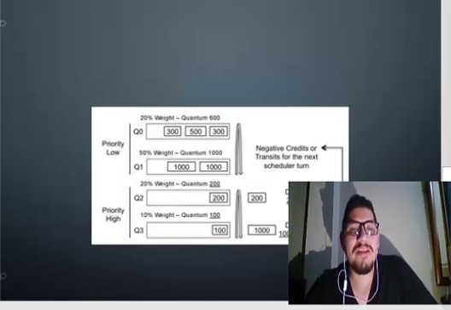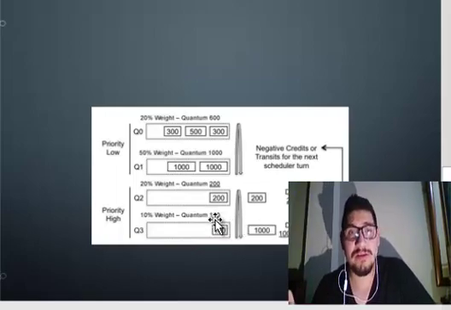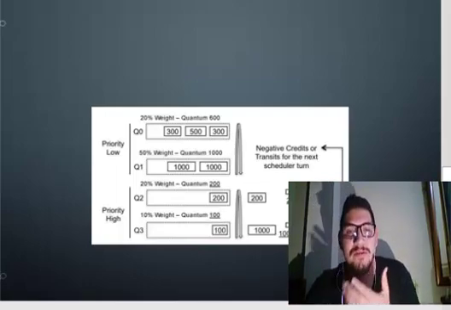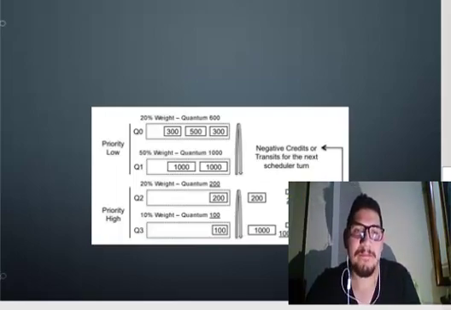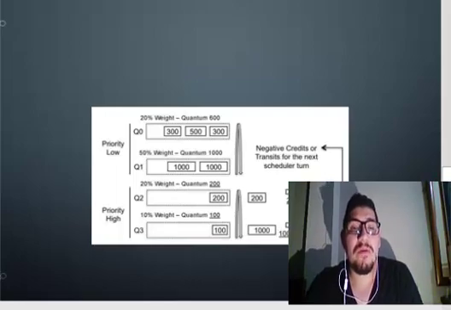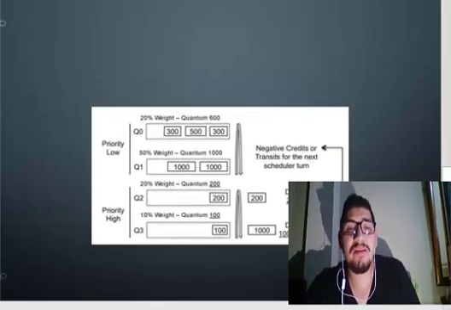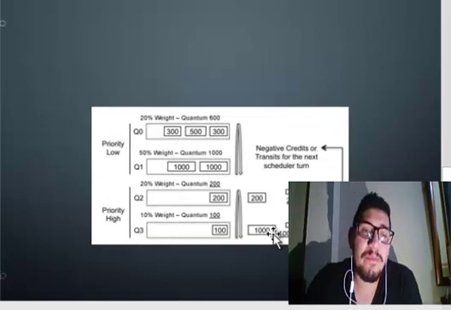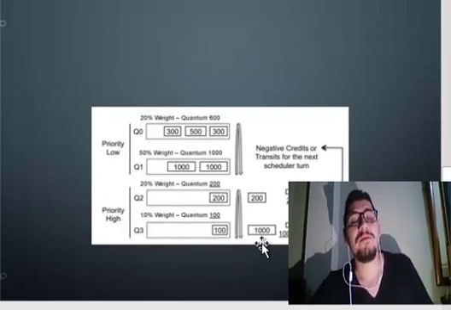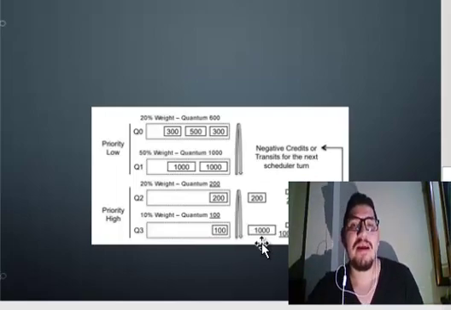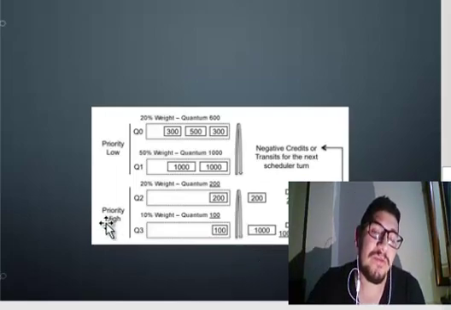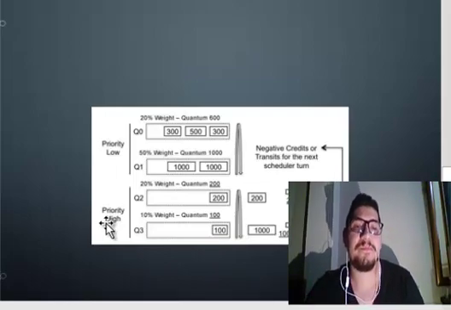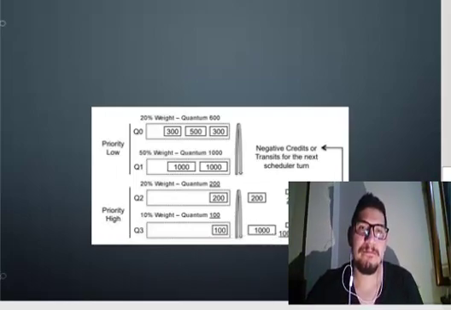In this case, we add 100, so the 900 negative changes to 800 negative because the quantum is added. Now we don't have anything else in the high priority queues, and we continue with the transmission of low priority.